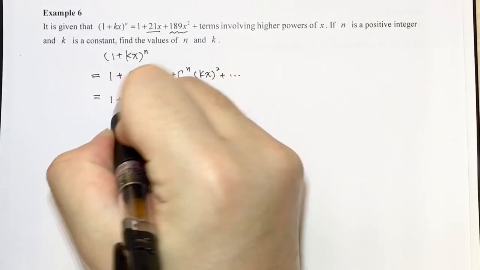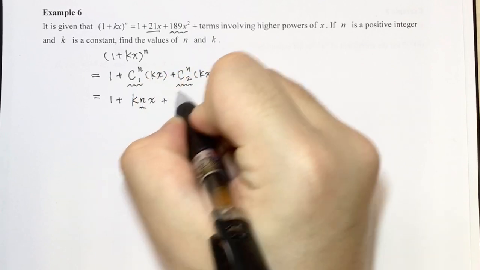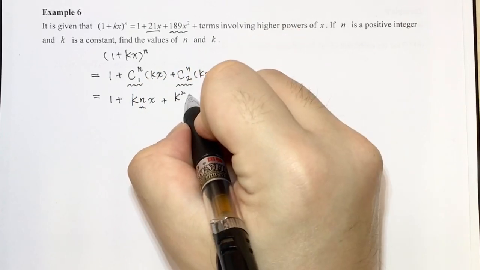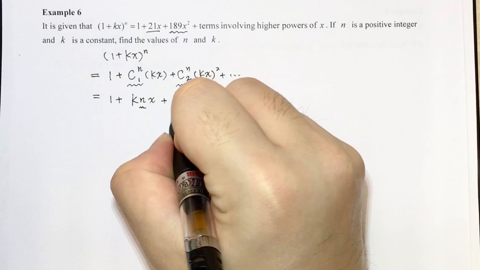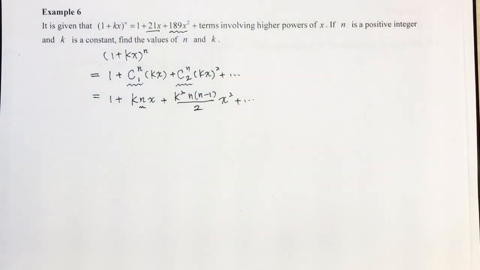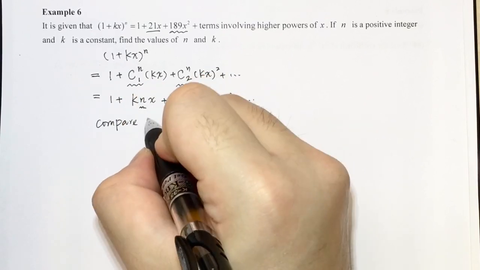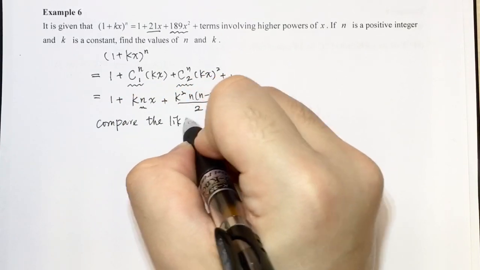We should have 1 plus knx plus k squared n times n minus 1 over 2 x squared. Now, you can compare the coefficients of the like terms. So we compare the like terms.